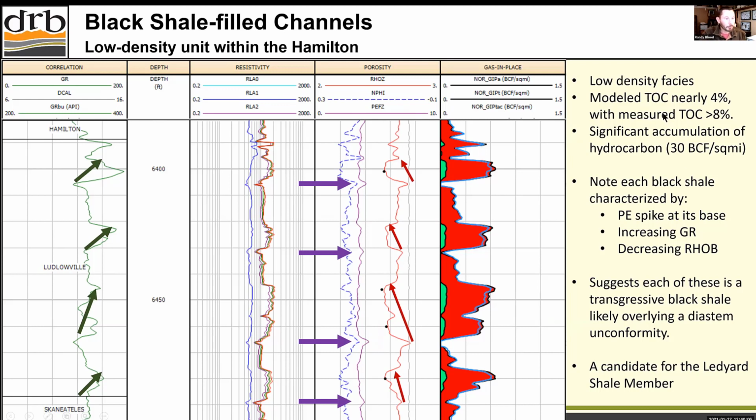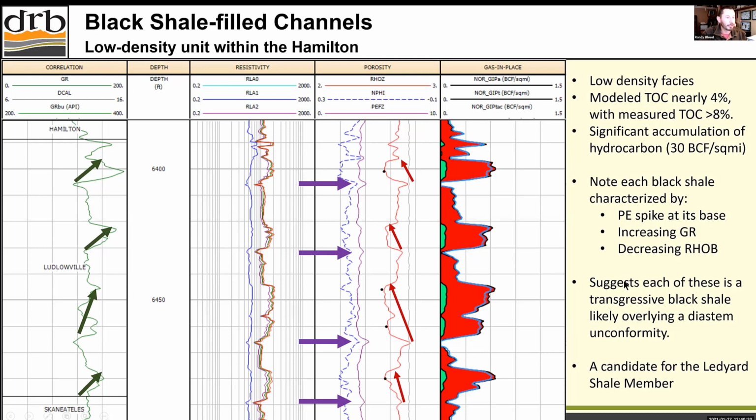In this particular example, we come up with an average TOC of these shales around 4%, with measured TOCs in excess of 8% in some of these. It corresponds to a significant accumulation of hydrocarbon, an additional 30 BCF right there. That's more than the 20% that we gained out of modifying the model.